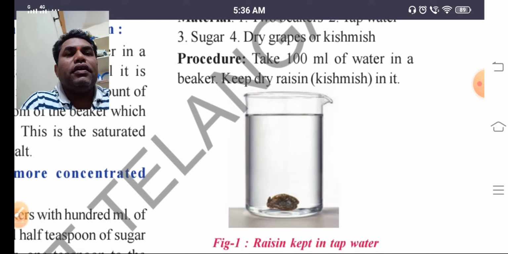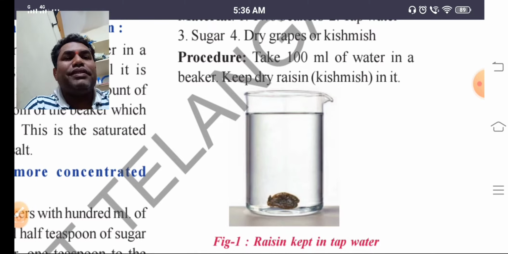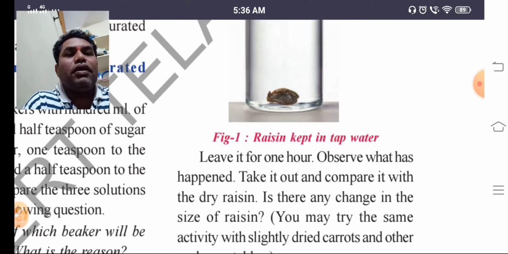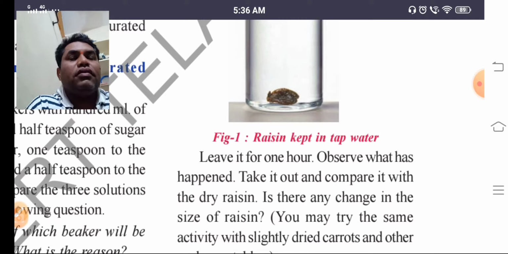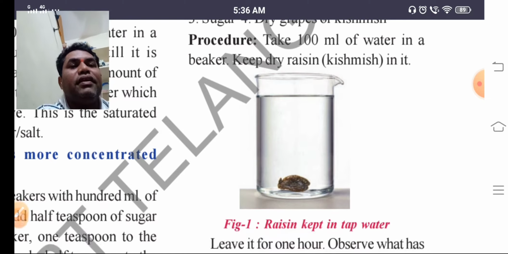Procedure: take 100 ml of water in a beaker and keep the dry raisin or kismis in it.